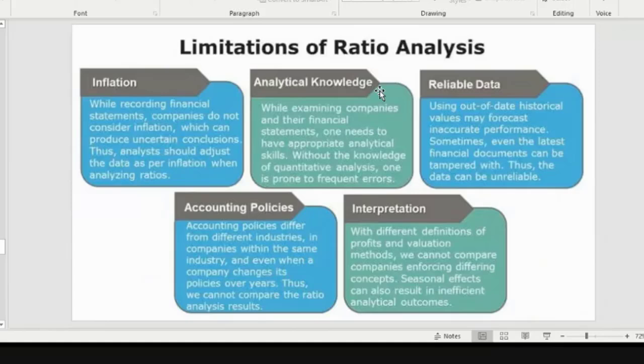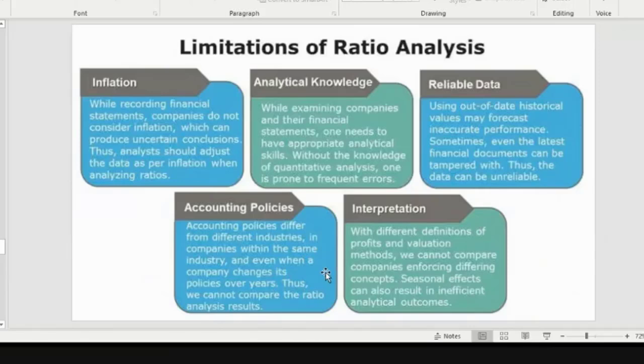Without the knowledge of quantitative analysis in these ratios, one may be prone to frequent errors. Another limitation is reliable data. Using out-of-date historical values may forecast inaccurate performance. Sometimes even the latest financial documents can be tampered with. Thus, the data can be unreliable.